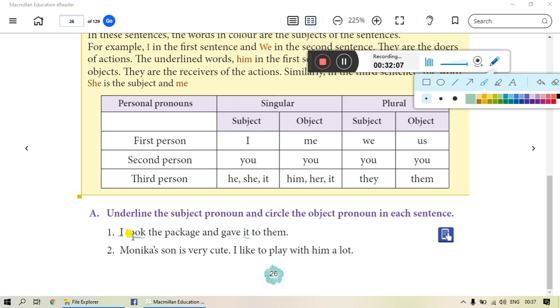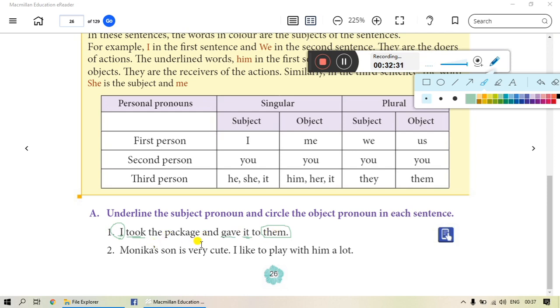The action of taking and giving is done by I, and it's being done for them, not it. So I is taking the package and giving it to them.